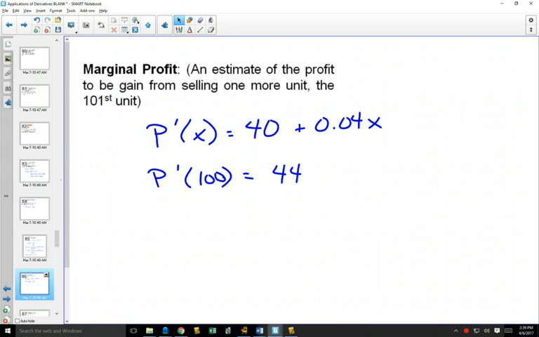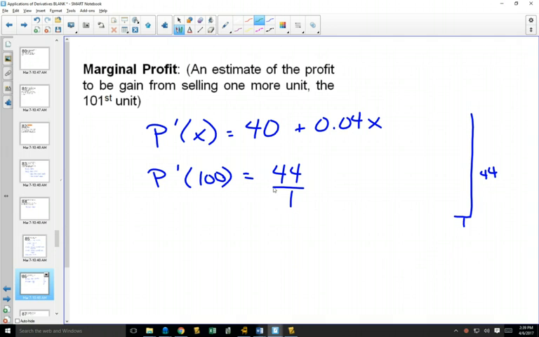And part of the reason for that is, what is a derivative as far as a function goes? Derivative is slope, okay? And so if I got a slope of 44, what does that mean? Well, I could write it as 44 over 1, which means that we would have a rise of 44 and a run of 1.